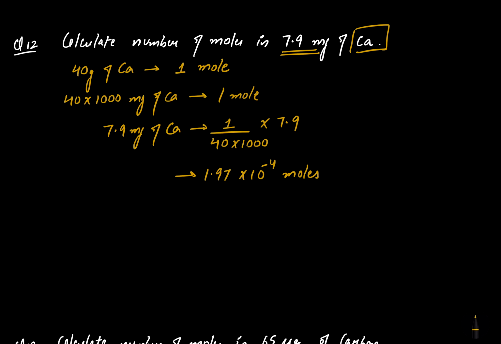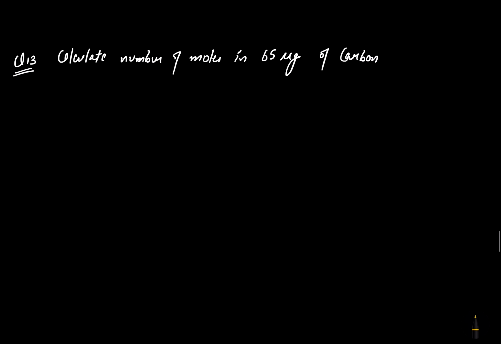So next I'm moving to the 13th numerical. In the 13th numerical, the question is asking to calculate the number of moles in 65 microgram of carbon. This is microgram.